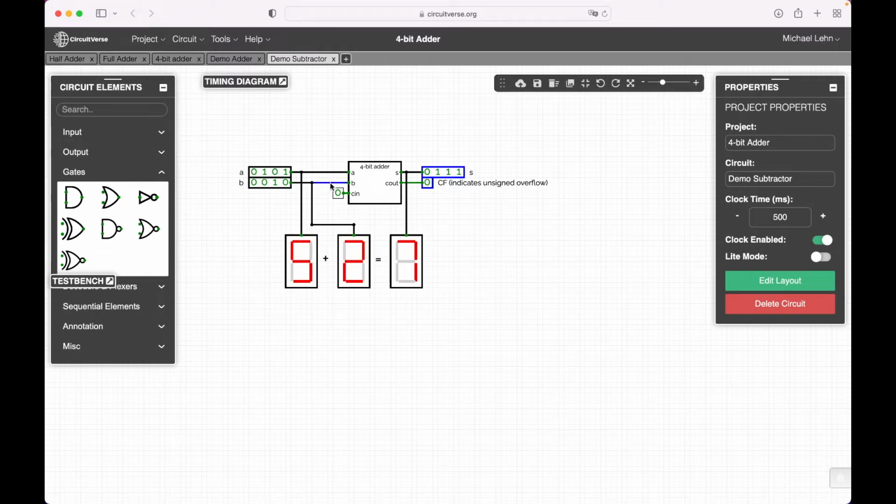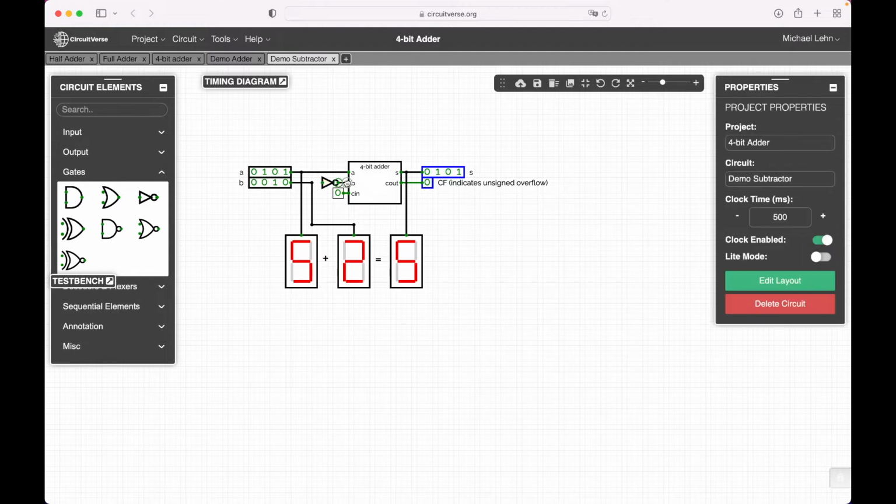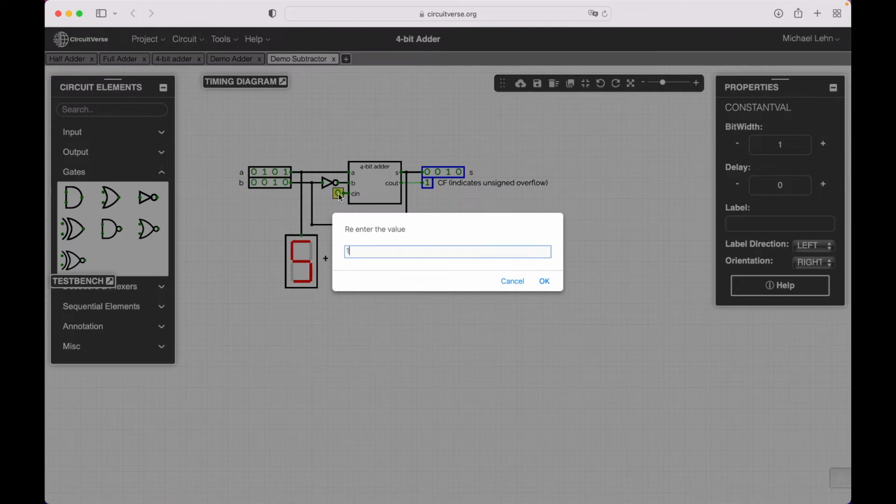Now let's do this recipe. We have to invert the bit pattern of B. Now you have to make sure that you're using here a bit width of 4. That's it. And now I can connect this and this, and now the adder gets the inverted bit pattern of B. And then we also have to change the constant value to 1.